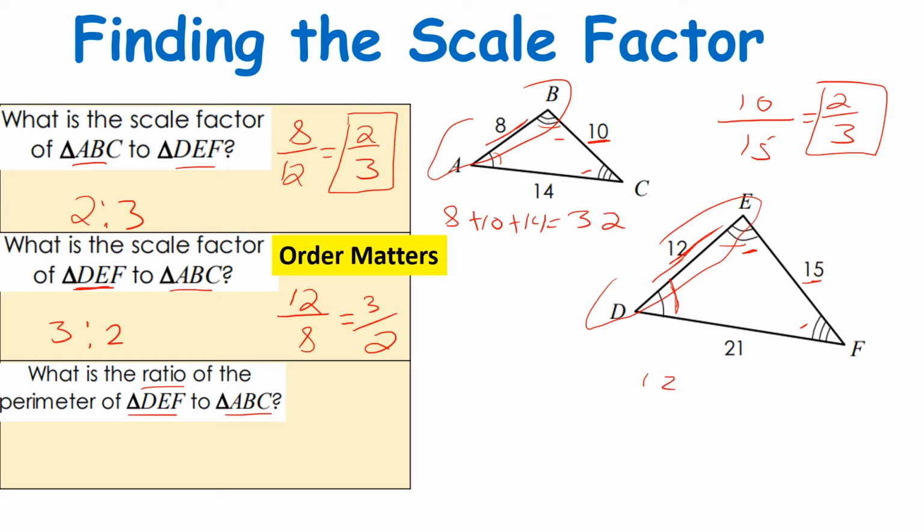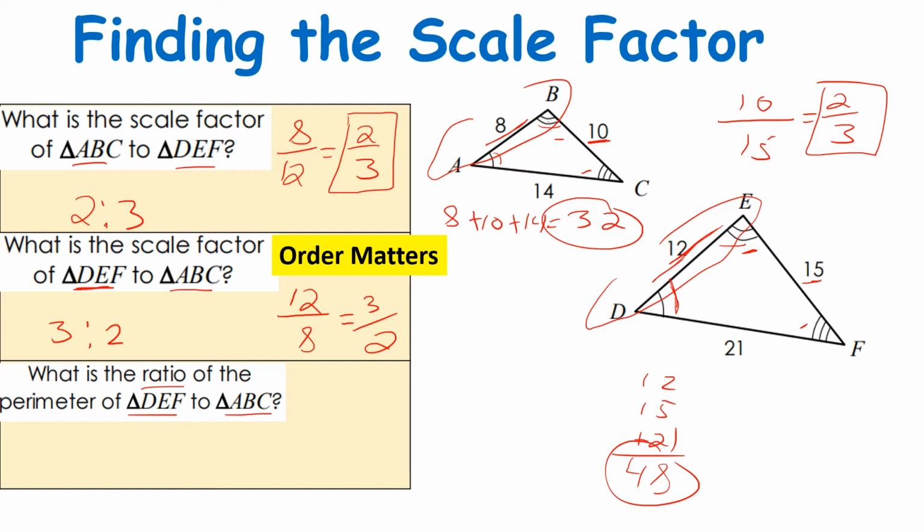Then 12 plus 15 plus 21. Let me get my calculator real quick. That is 48. So the perimeter for the smaller triangle is 32.